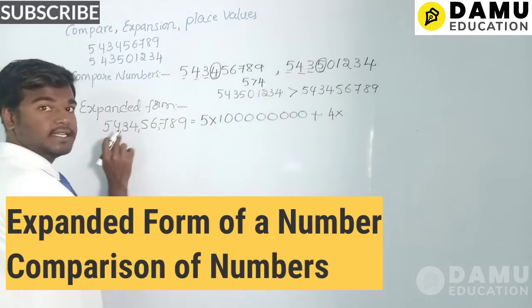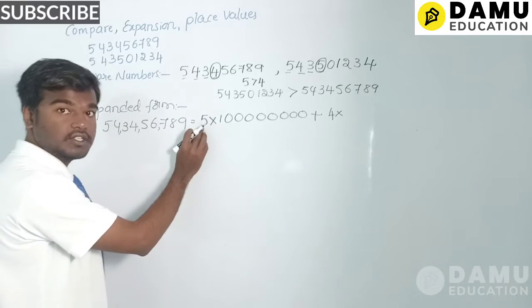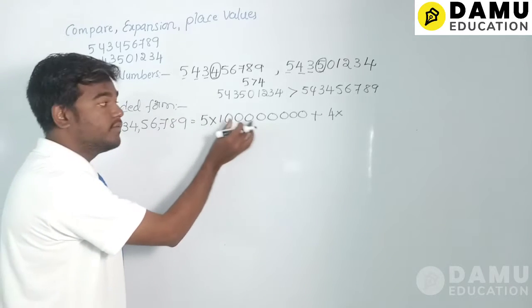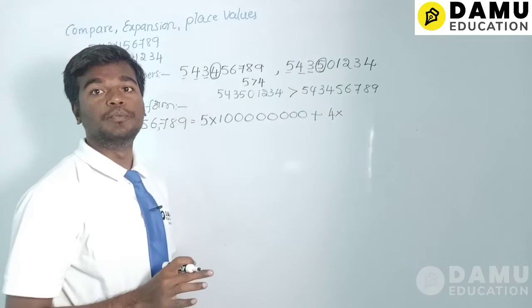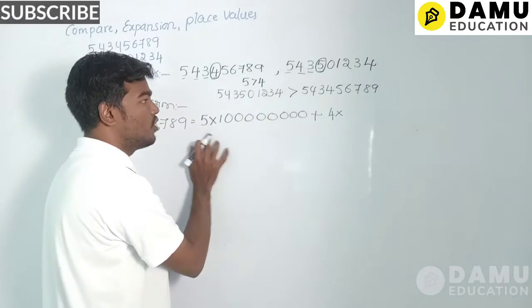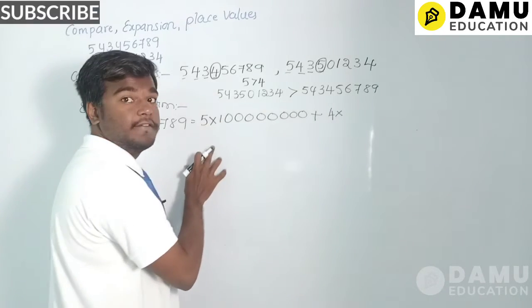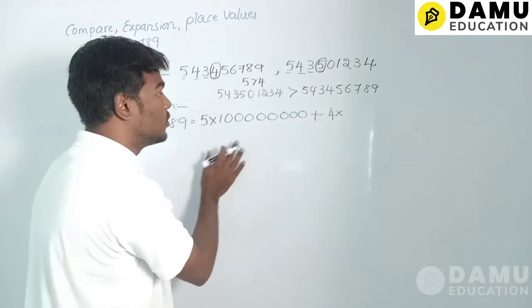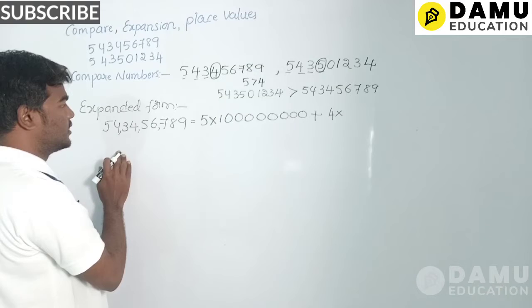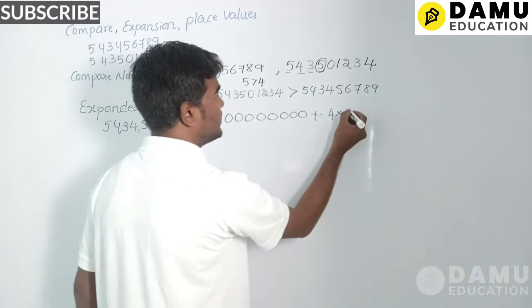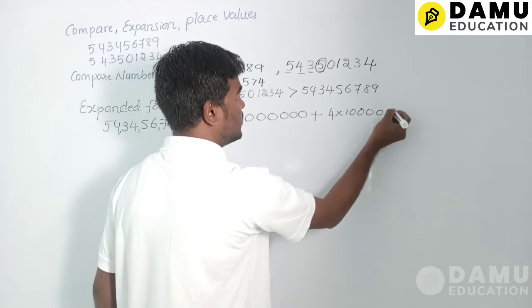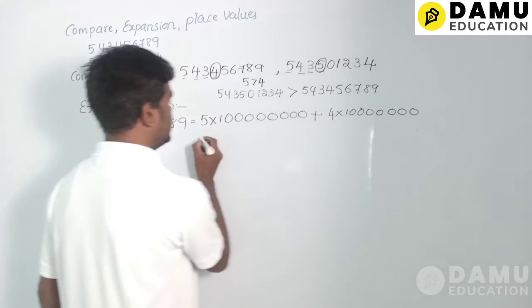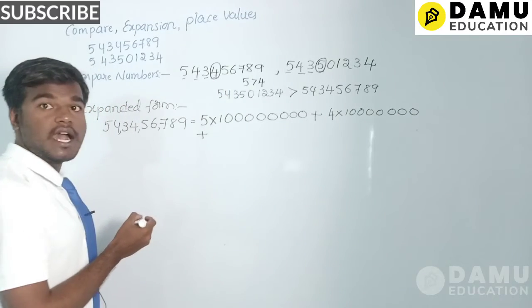Each digit in the given number, you need to separately multiply with its place value. So the place value of 5 is equal to 50 crores. I will explain place value down below. So 4 into how many zeros? Here there are 7 zeros. 4 into 7 zeros, plus, again it is an addition.